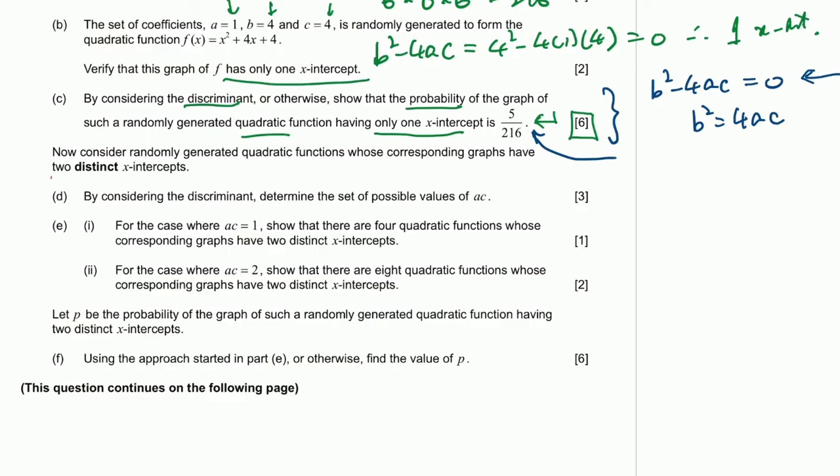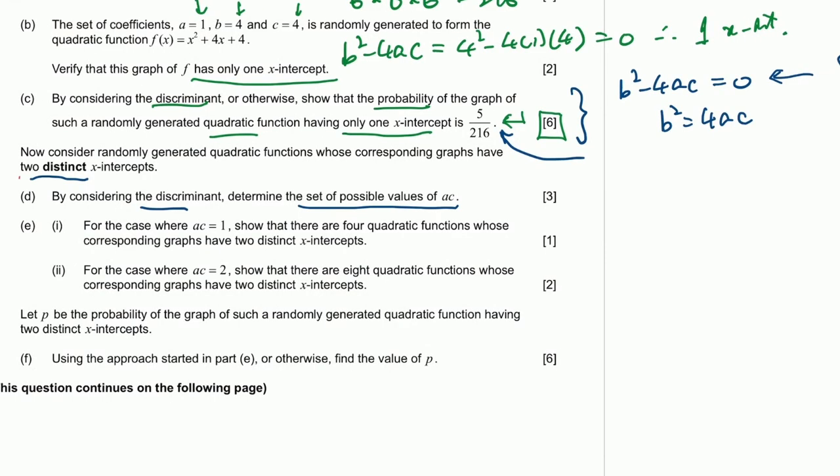Now consider a quadratic that has 2 distinct x-intercepts. So now basically the discriminant has to be bigger than 0. What are the possible values of a times c?